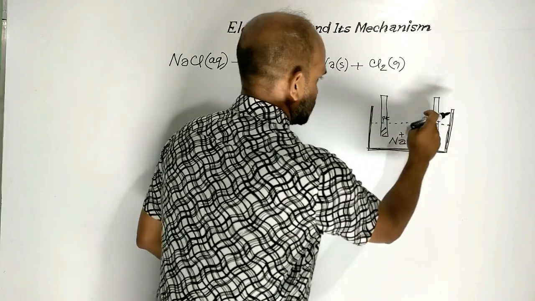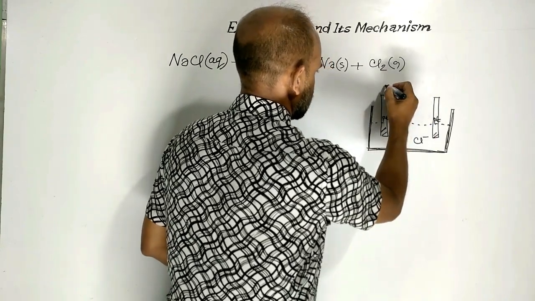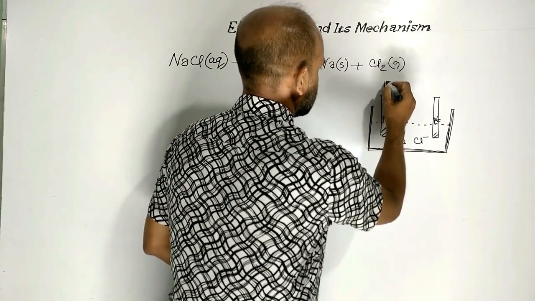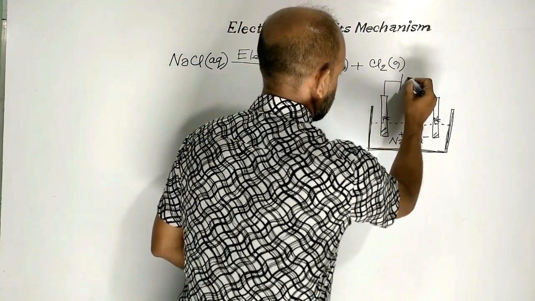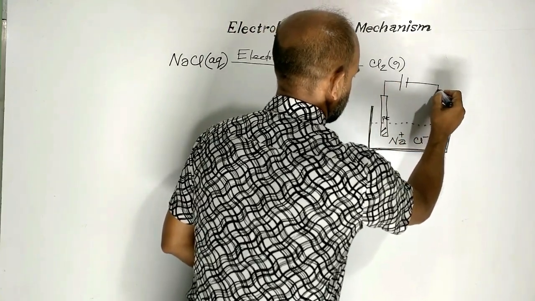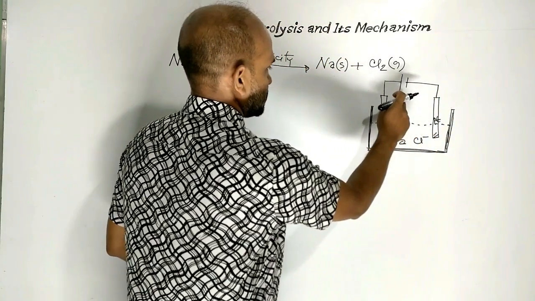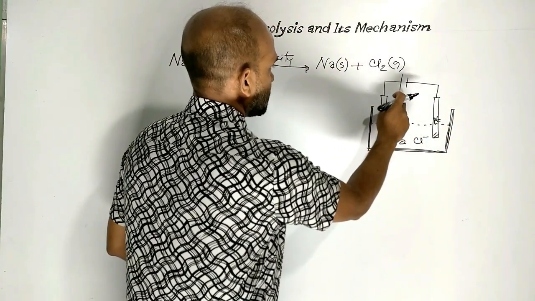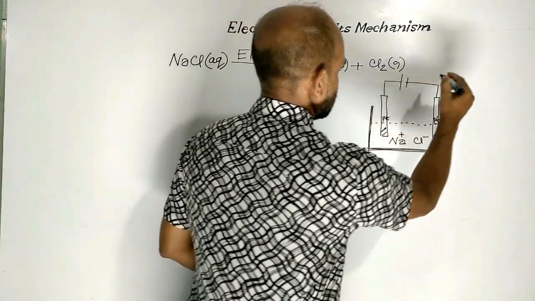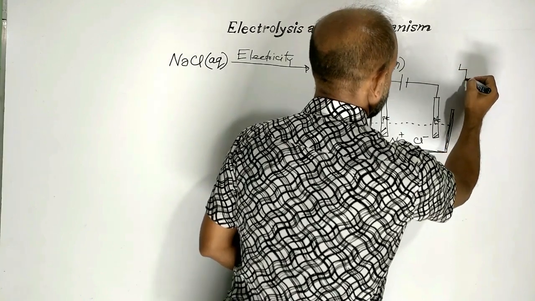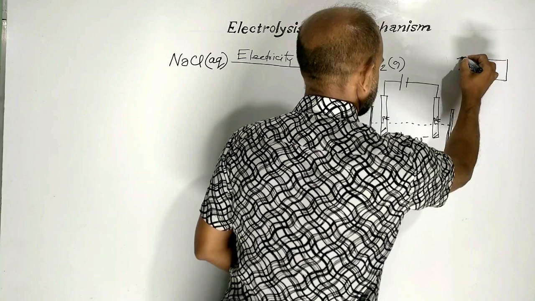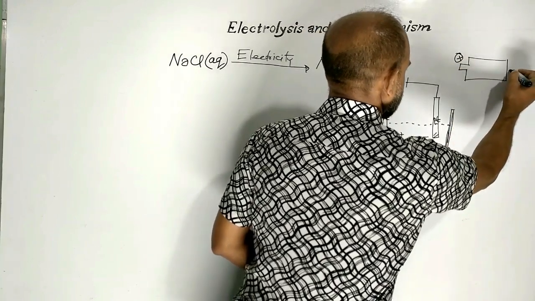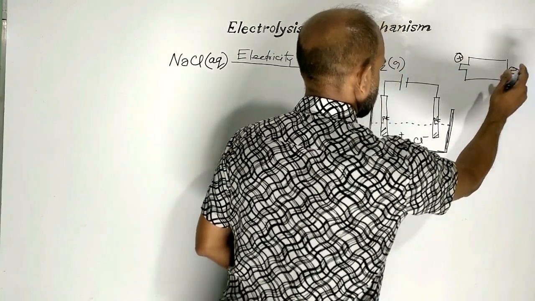Now, these two metallic strips are connected with wire to a dry cell, an external electrical source. This is the dry cell. This is the positive end. This is the negative end.